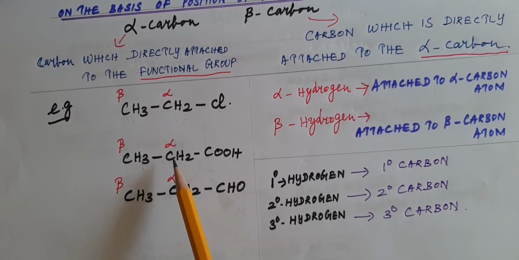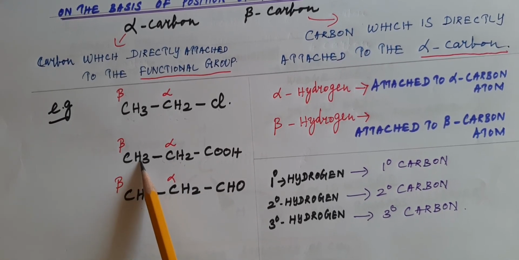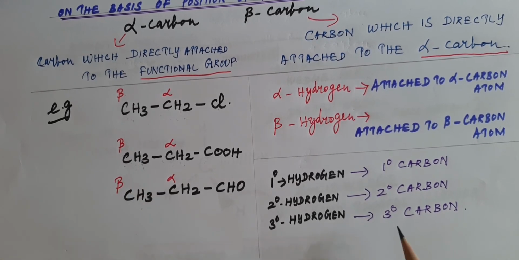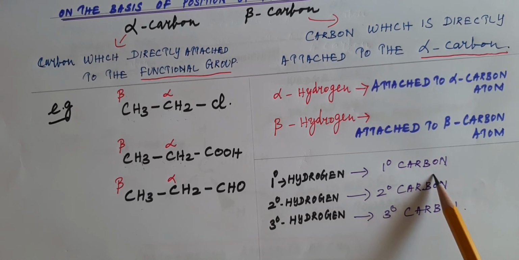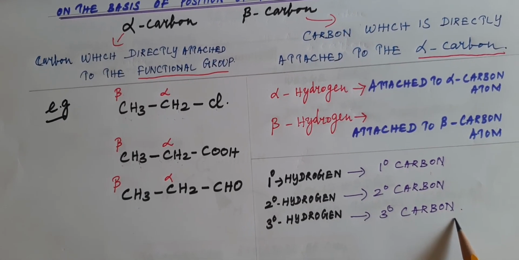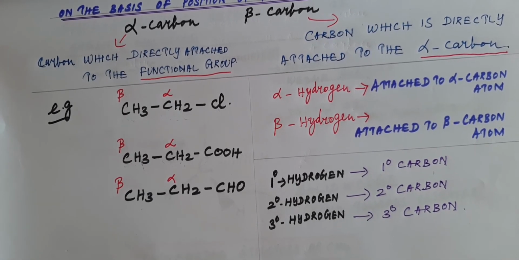The hydrogen attached to the alpha carbon is called alpha hydrogen. The hydrogen attached to the beta carbon is called beta hydrogen. So the carbon atom directly attached to the functional group is called alpha carbon, and the carbon attached to the alpha carbon is called beta carbon. Primary 1 degree hydrogen is related with 1 degree carbon, 2 degree hydrogen is attached to 2 degree carbon, and 3 degree hydrogen is attached to 3 degree carbon.